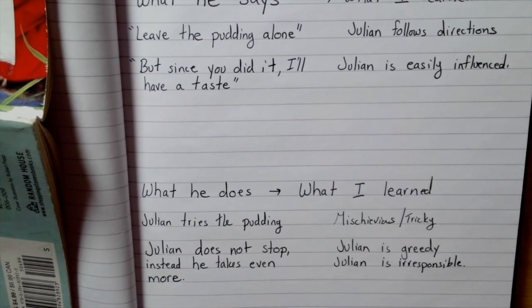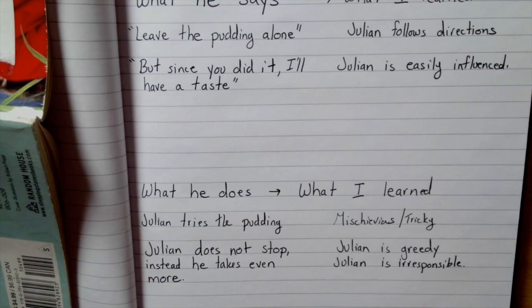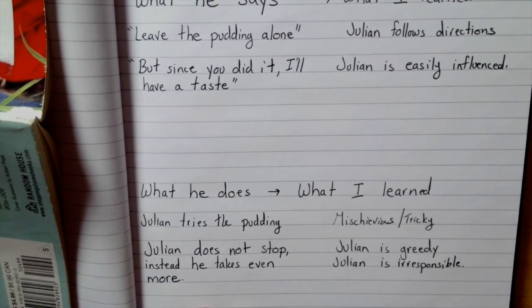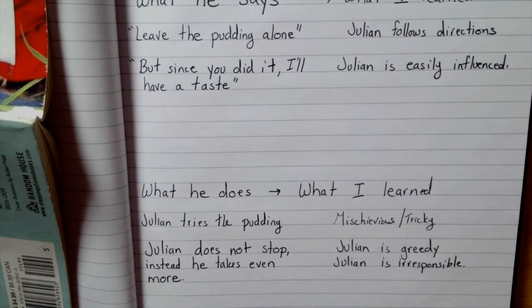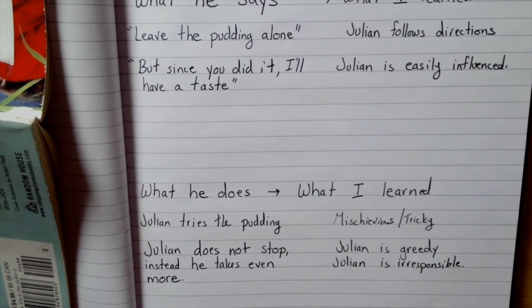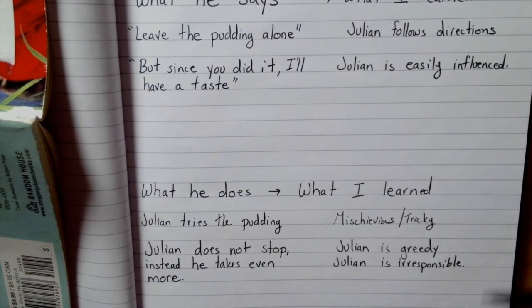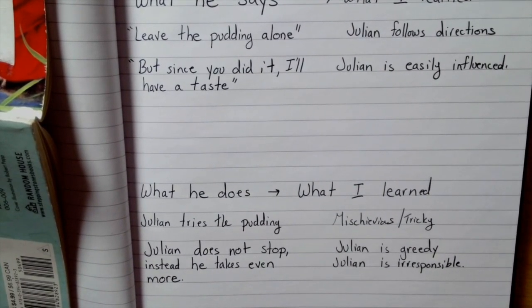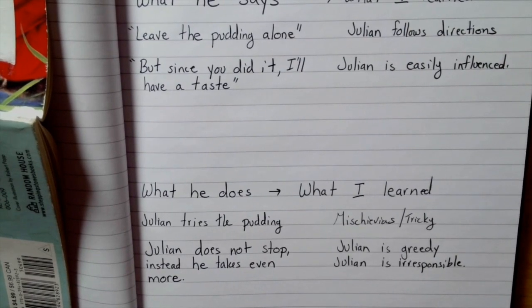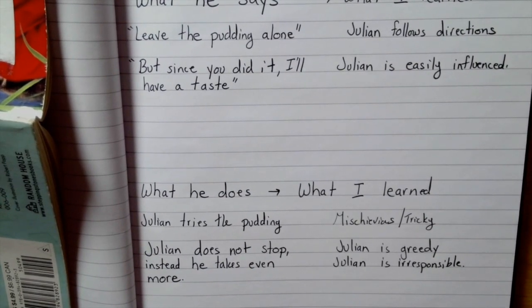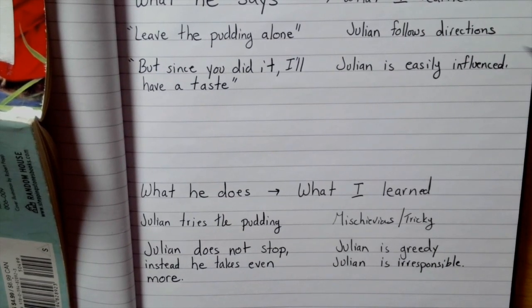If I need more pages, I'll turn the page and add more. My goal is, at the end of the chapter, I should be able to say, in a summary, what type of character Julian is, and I should be able to give evidence to support my reasoning. As you're gathering information about your characters and becoming experts, you want to be able to support your reasoning with evidence.